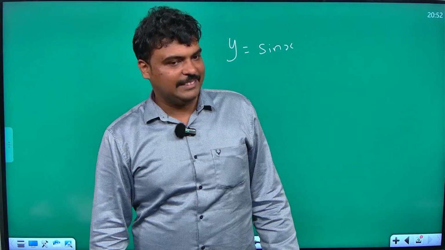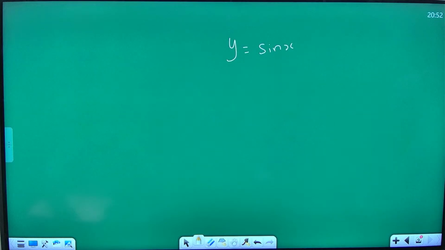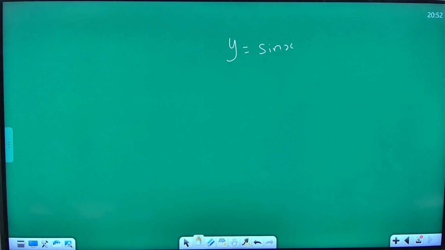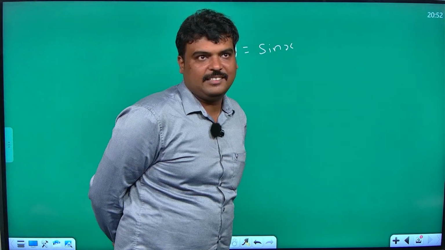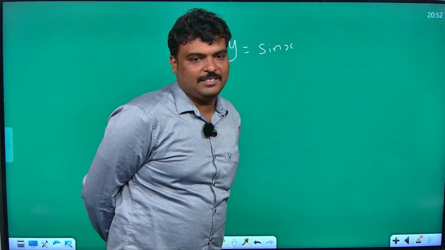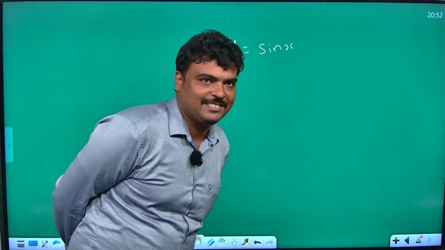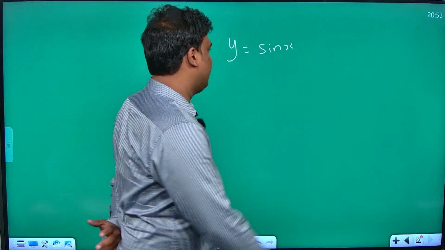Whether this function is bijective. y is equal to sin x, whether it's bijective. Somebody said no. Yes or no? Yes, sir. What? Yes means what? So it is a bijective function. Okay, okay.